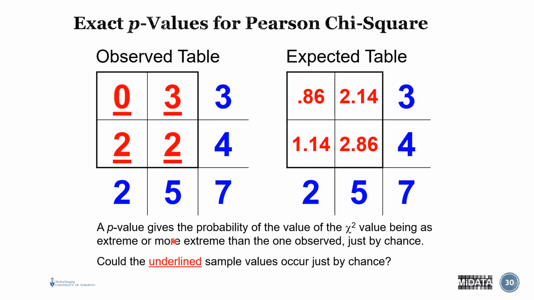So the question would be, could these observed counts occur just by chance?